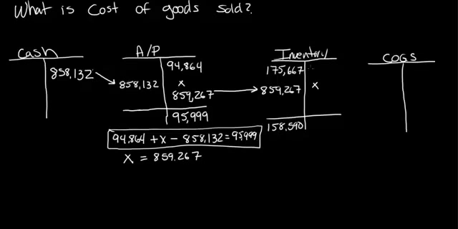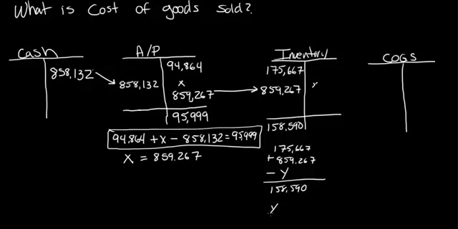Okay. And then again, we're going to solve here. This should probably be Y because I've already used X. So if we take 175,667 plus 859,267 minus some number Y, that will all equal 158,590.